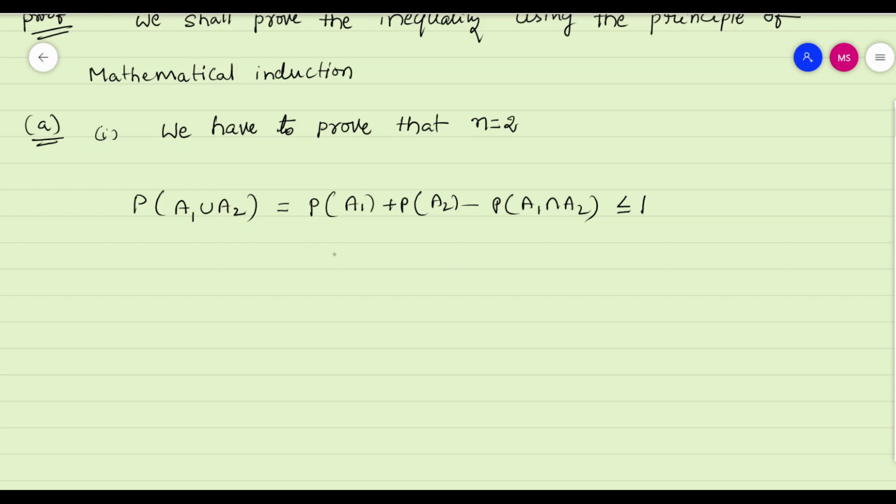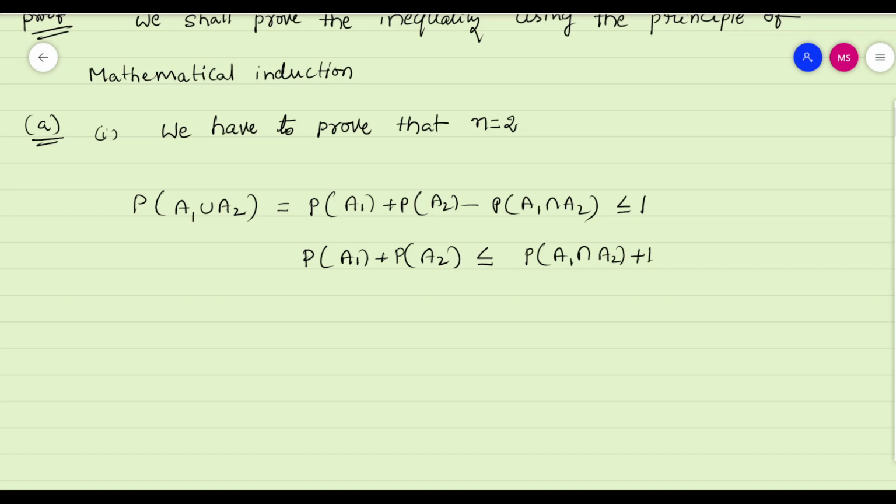So this is P of A1 plus P of A2, which is less than or equal to P of A1 intersection A2 plus 1.